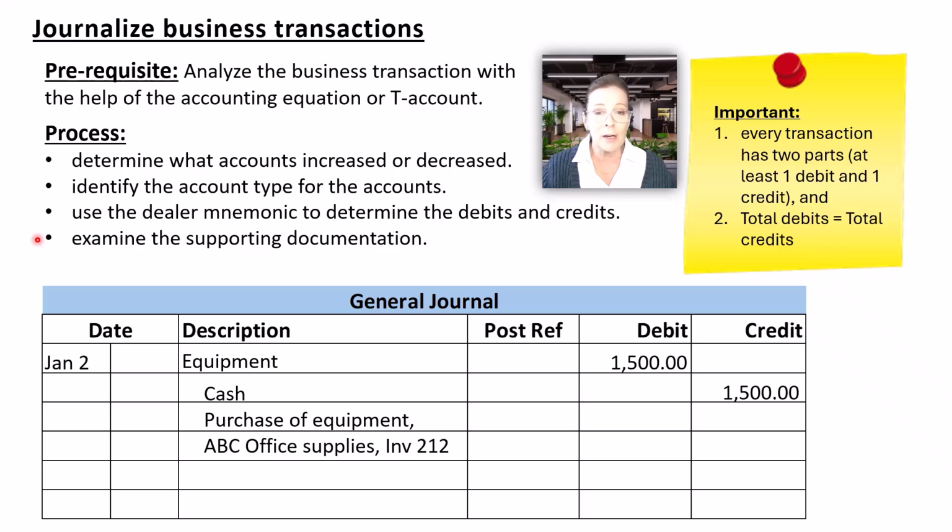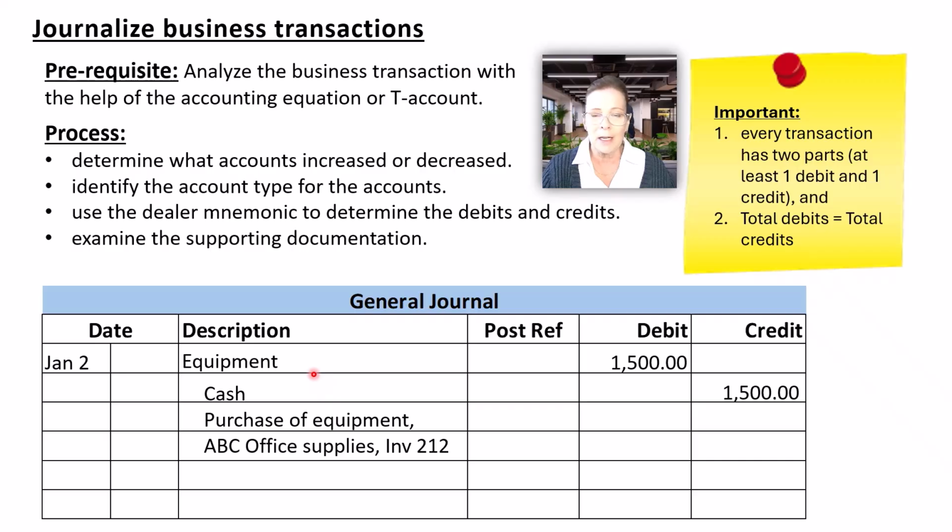Let's say you've done all that. Then the next step is to obtain a general journal template or form. And in most businesses, accountants use Excel templates. You'd enter the date in the date column, like in this example, January 2nd, the account name of the account you want to debit.